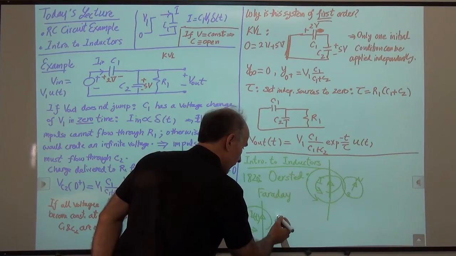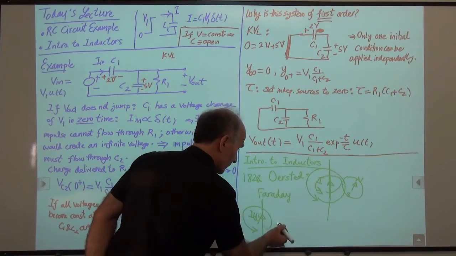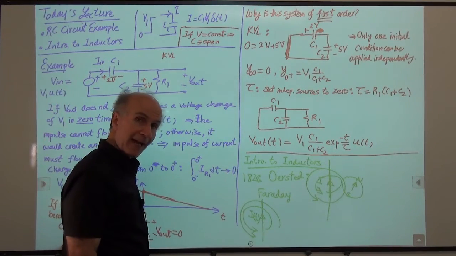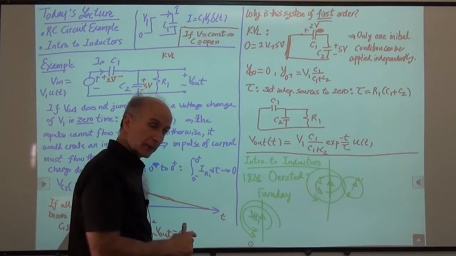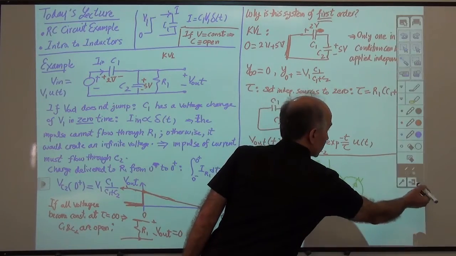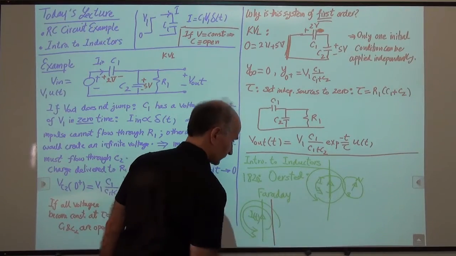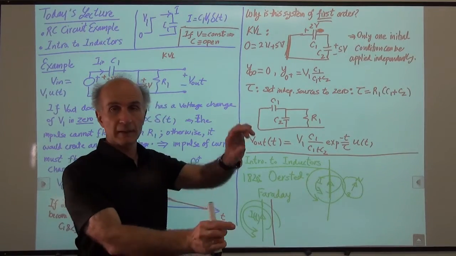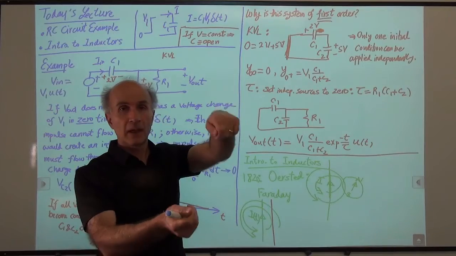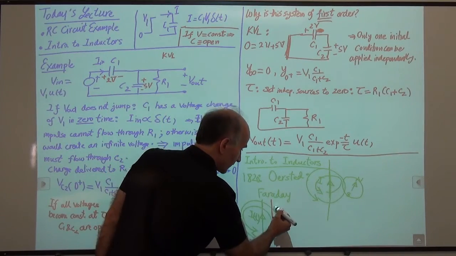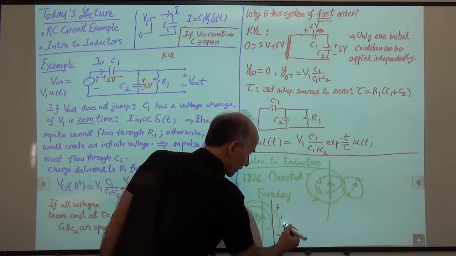So what happens now with this magnetic field that's changing with time is that if I place another wire in the circuit, so let's bring another wire. Okay, just a wire by itself. It's not connected to anything else, right? I bring another wire, and what I see is that this wire begins to develop a voltage across it.